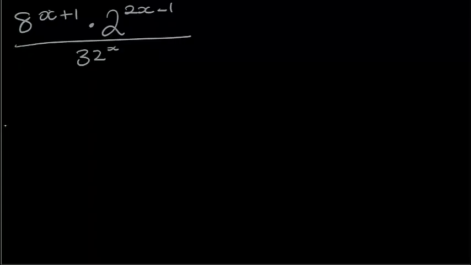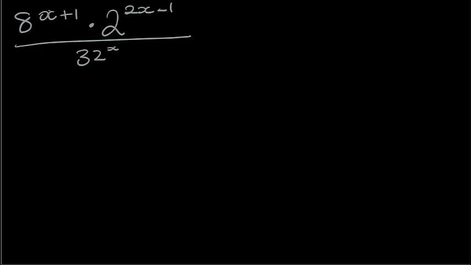All right, so question number 1, or question A, is saying we've got 8 with the exponent x plus 1 multiplied by 2 with the exponent 2x minus 1, divided by 32 to the power of x. The important thing that we need to notice is that we've got different coefficients and exponents which are more than just an x.